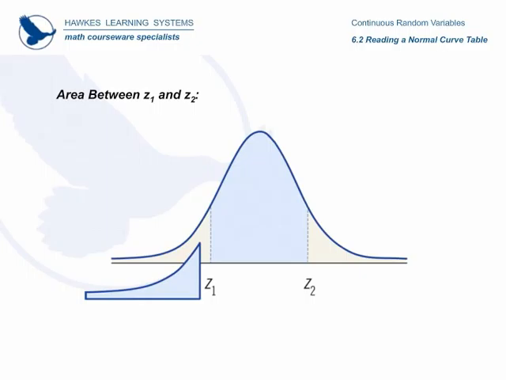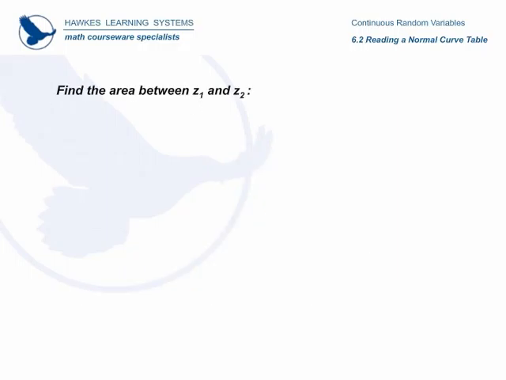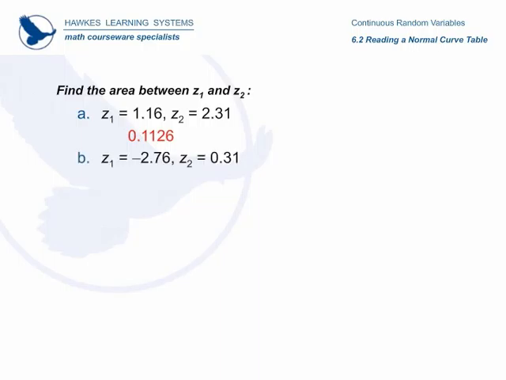Next, let's take a look at the area between Z sub 1 and Z sub 2. So if Z sub 1 equals 1.16 and Z sub 2 equals 2.31, we would find the area, and that would be 0.1126.